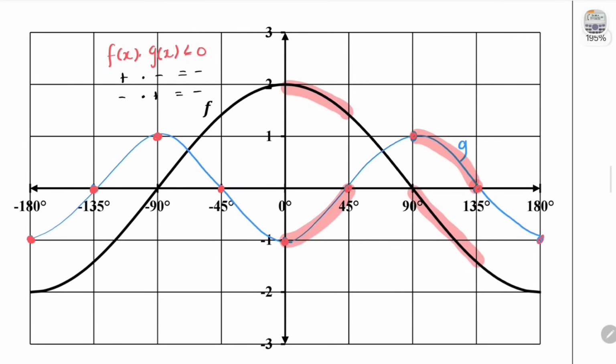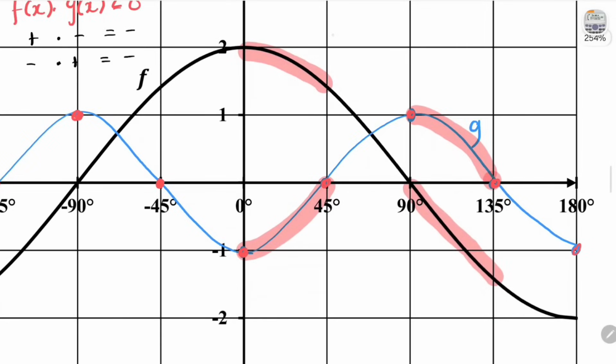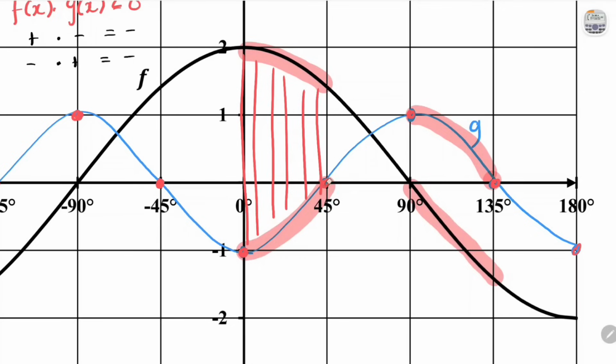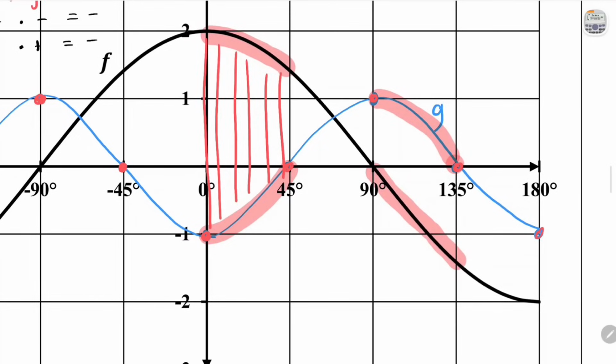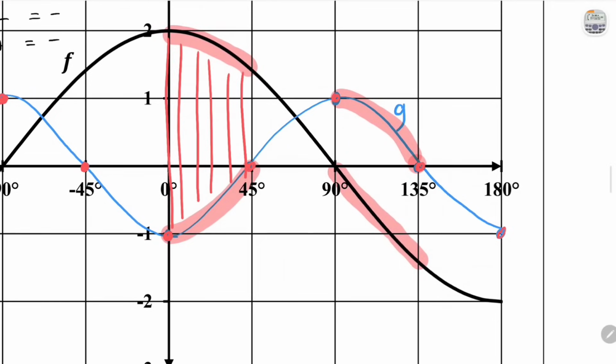So our answer, we're just going to answer them in terms of x. You see that here, it started working at 0 degrees and then it was values greater than 0. These are the x values over here, but less than or equal to 45 degrees.